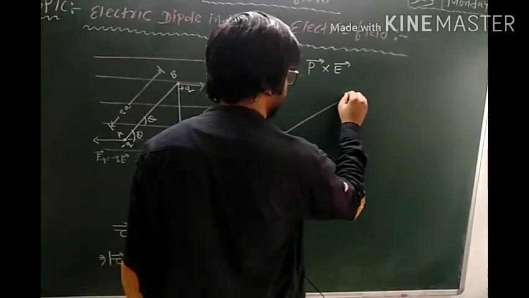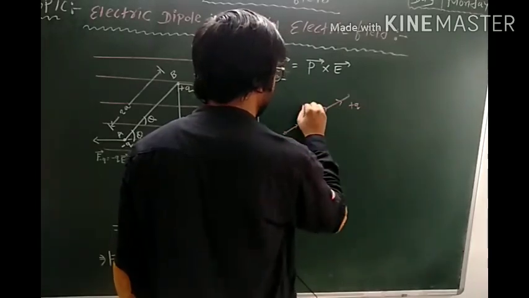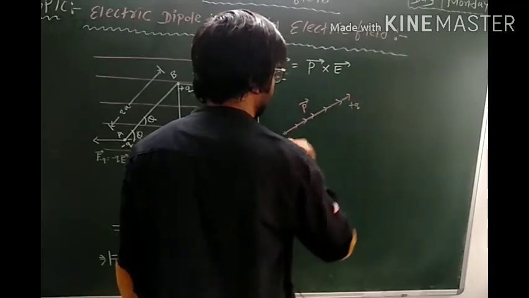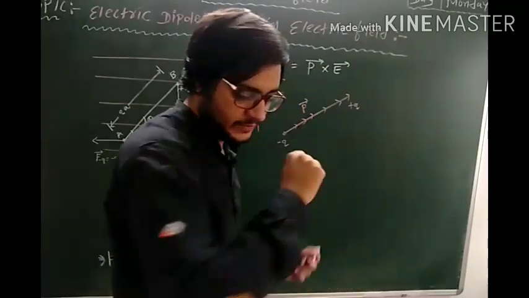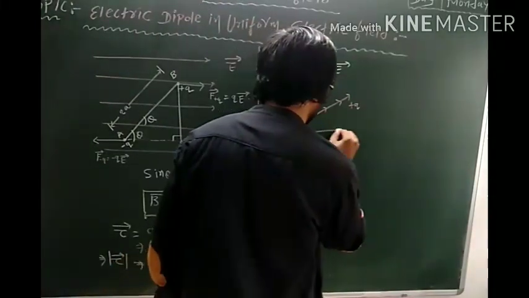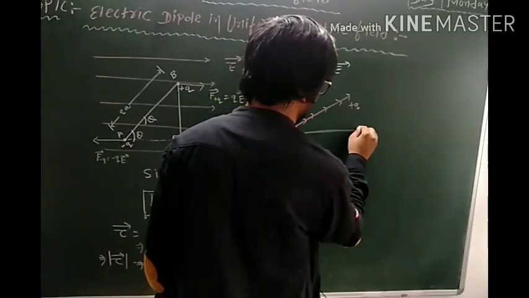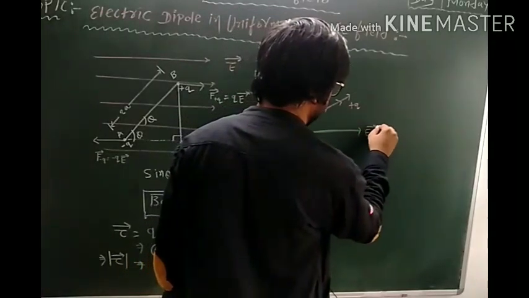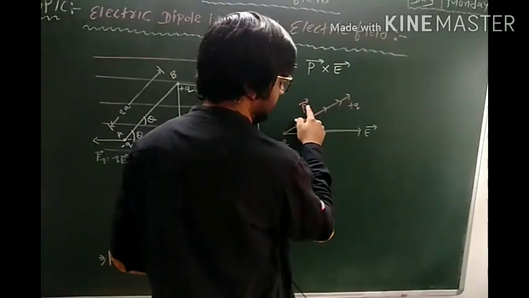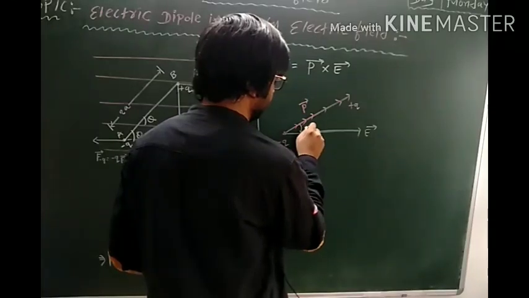That is the direction of the electric dipole in this way. And we can define the electric field, that is the electric field direction. The angle between the electric dipole and the electric field is, suppose, theta.